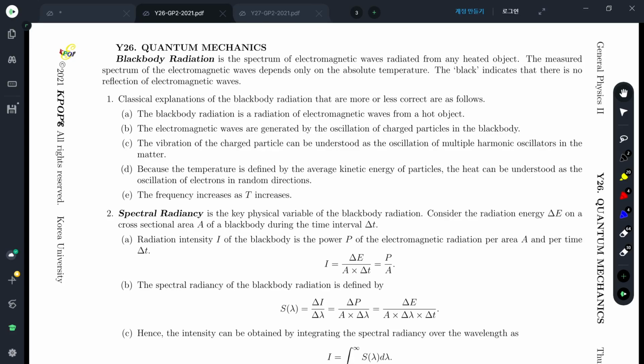Today, we see another evidence of quantum mechanics, and that is related to the radiation from a black body. Black body means an object with a constant temperature emitting electromagnetic waves, and we treat this one to simplify the problem.